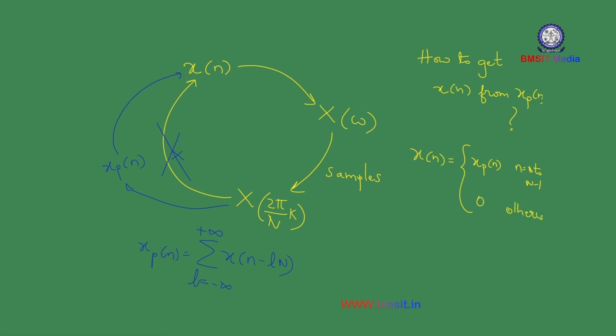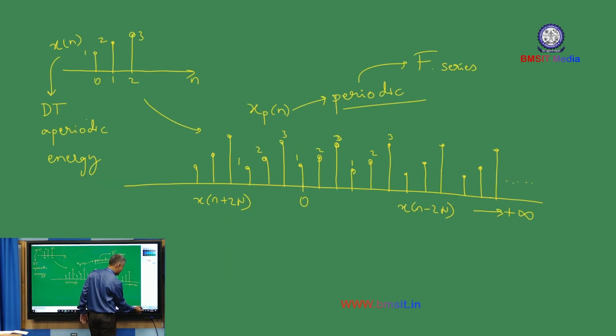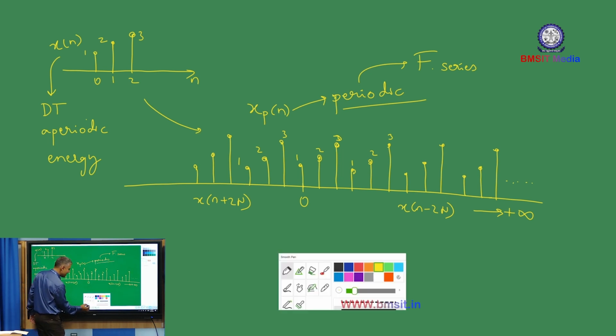Okay, so you can just truncate the whole of this x_p of n only over the range 0 to N minus 1. This has been represented in one of the previous diagrams. You can see here where is x_p of n and where is x of n. x of n is situated only in this range.